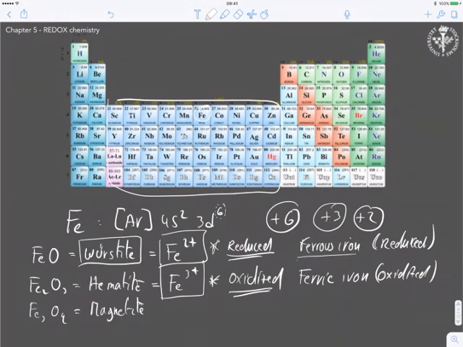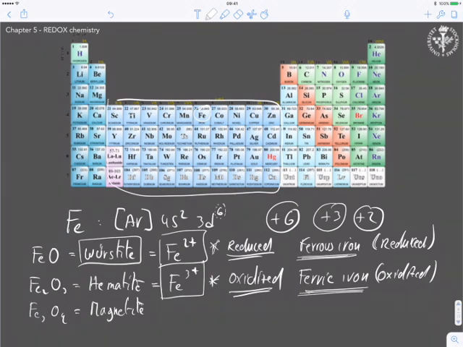So this ferrous iron is found in absence of oxygen, O2, molecular oxygen. When you have molecular oxygen, you're forming this ferric iron because the ferrous iron will give one extra electron to the oxygen.